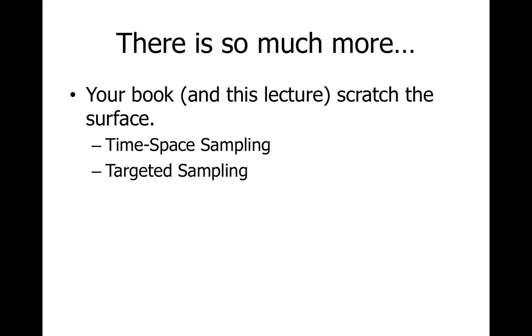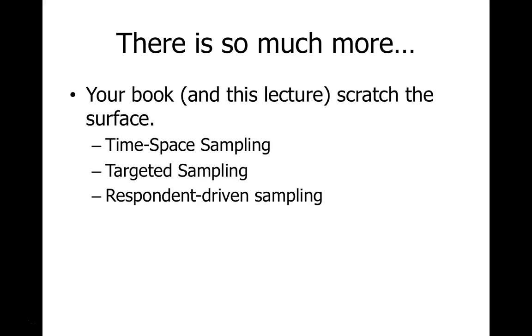Targeted sampling, which we talked about a little bit. There's a variety of methods within targeted sampling. Respondent-driven sampling is often thought about as a more systematic and thoughtful way of snowball sampling. Sometimes snowball sampling is called incentivized snowball sampling if we pay people to bring people in.